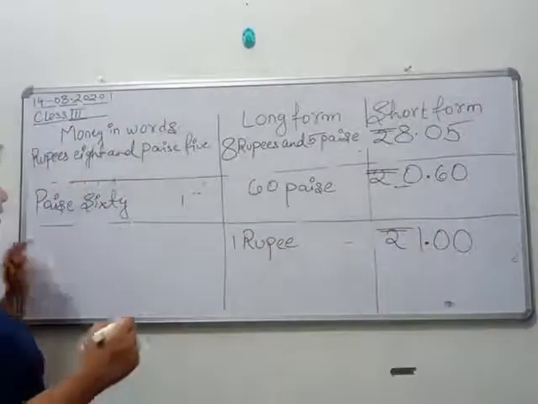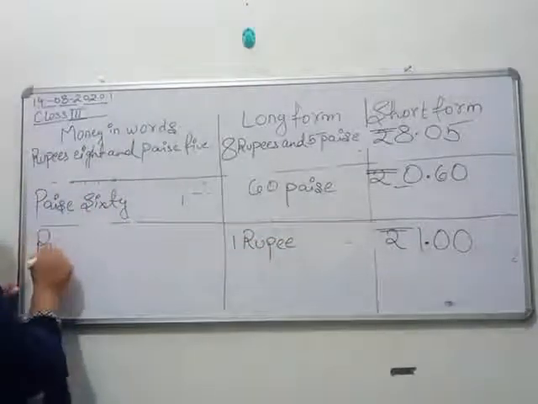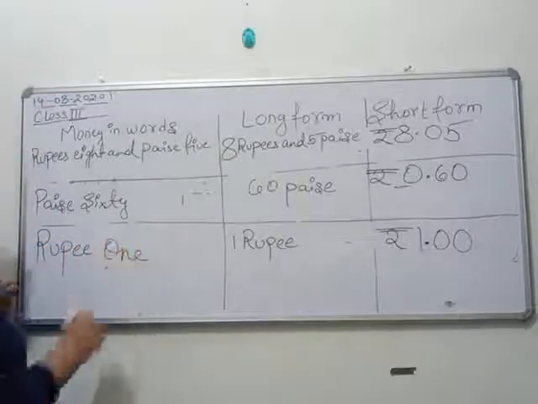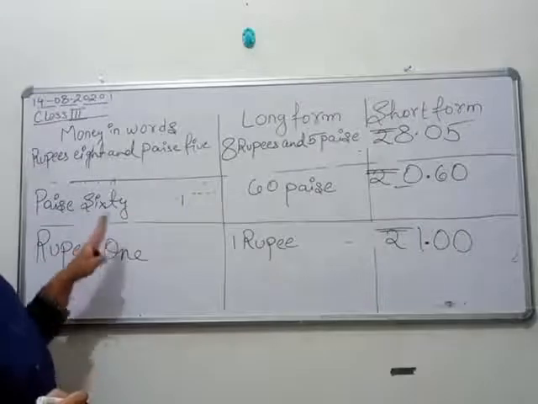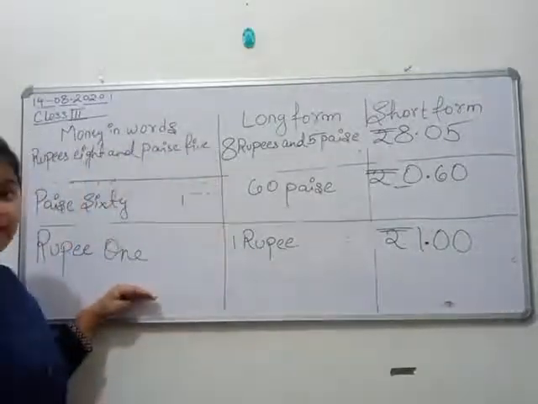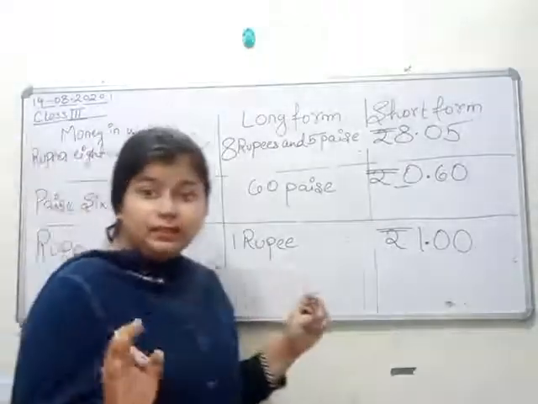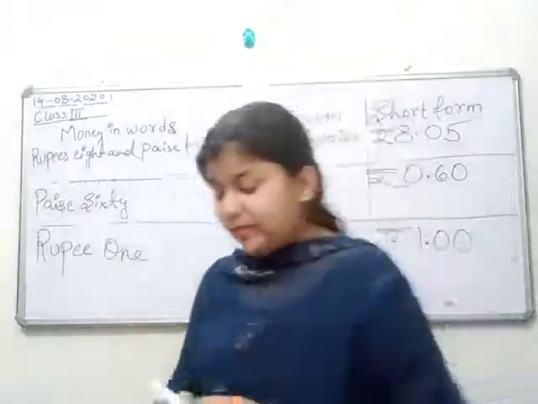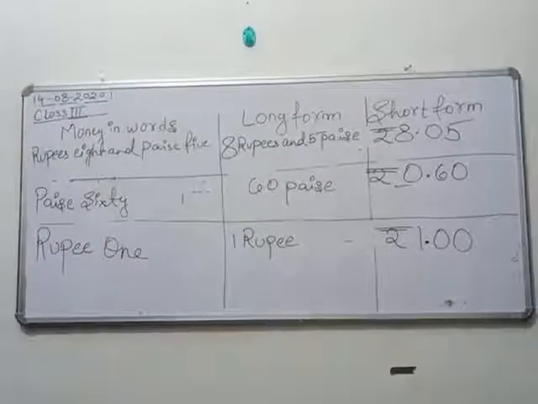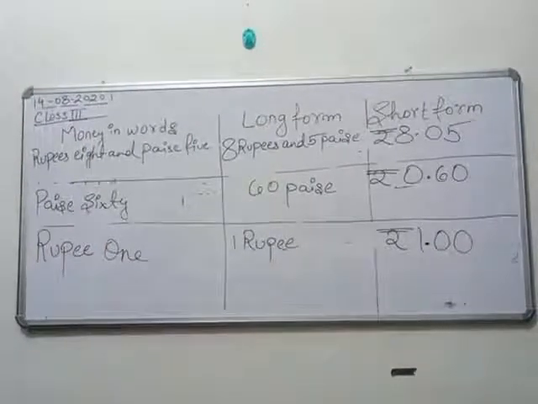And here we will write in word, rupee 1. See, this is in short form, this is in long form, and this is in word. This is the basic difference between writing a number in word, long form and in short form.